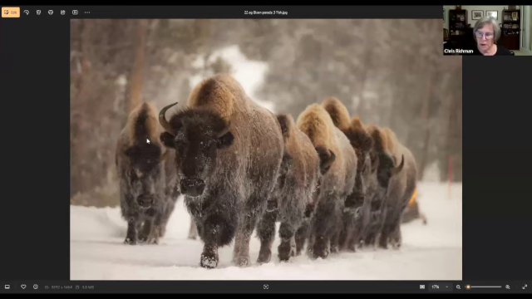I think this one on its own is very nice because, again, rule of odds. It looks like 1, 2, 3, 4, 5. It looks like 5. It's probably more than that, but my eye wants to see 5. I see 1, 2, 3, 4, 5 sets of horns here and 1 set here.